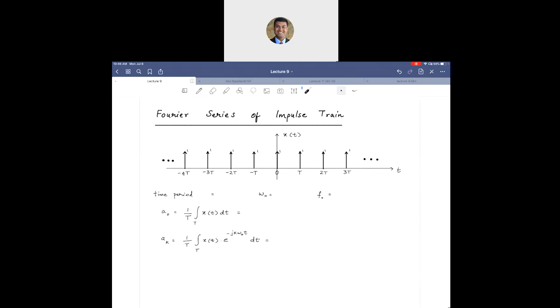What is the time period of this impulse train? The time period should be T. Consequently, omega naught should simply be 2 pi divided by T, and f0 should be 1 over T.